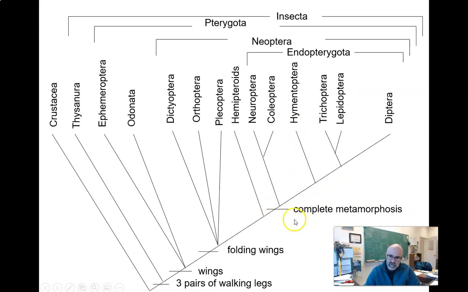And in fact, if you look at the most successful groups of insects, things like beetles and flies, they all have this complete metamorphosis, which implies that it is an adaptive thing.